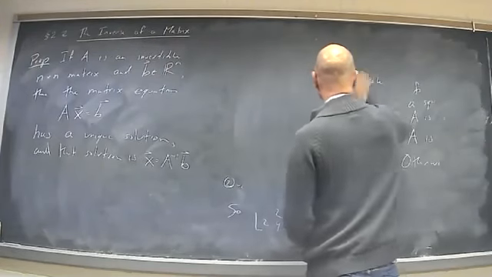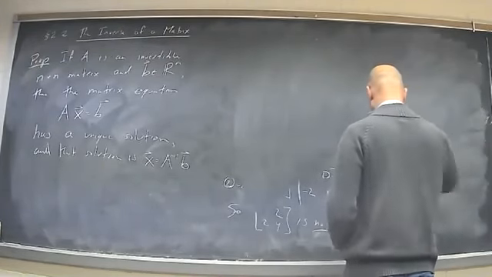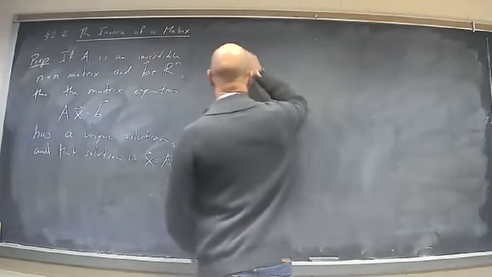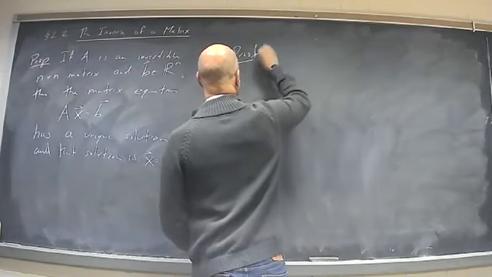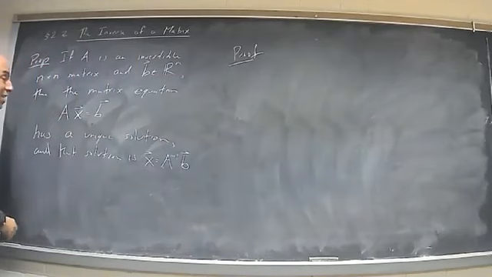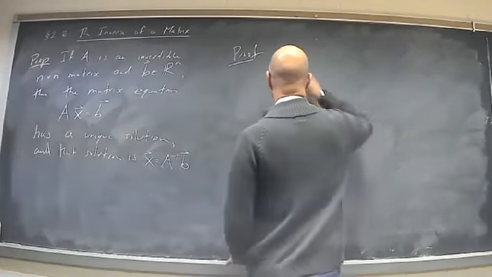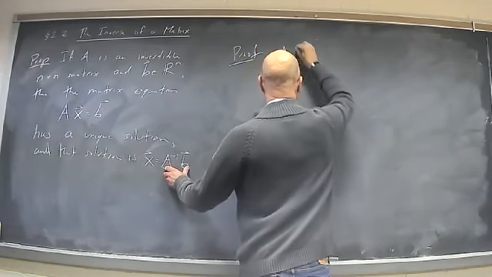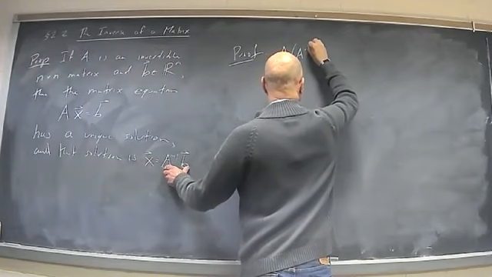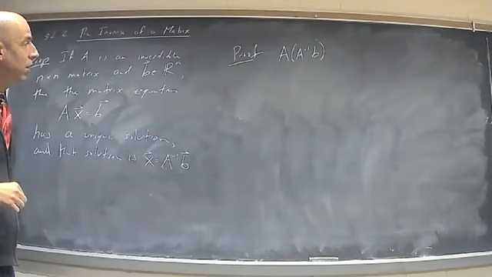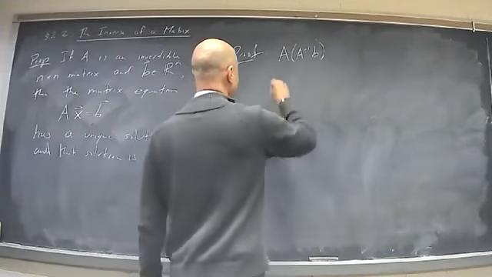So let's go ahead and prove this. Let's start by showing that A inverse b is a solution. So if I take A and I replace x by A inverse b, we've already talked about the associative property.